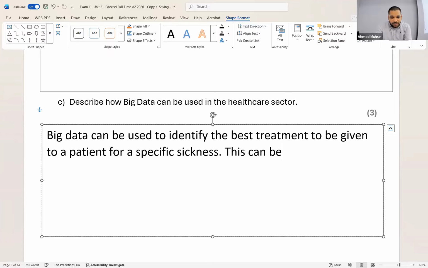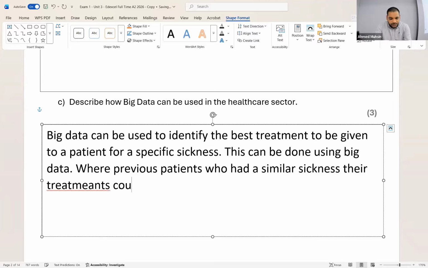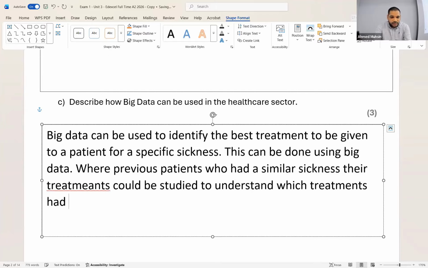This can be done using big data, where previous patients who had a similar sickness, their treatments could be studied to understand which treatment methods worked for each patient.